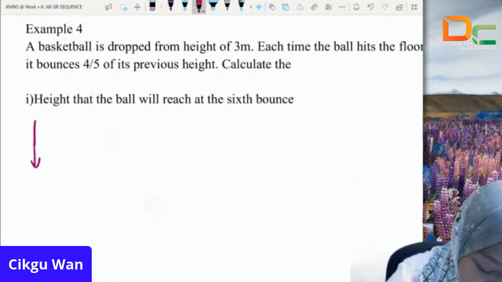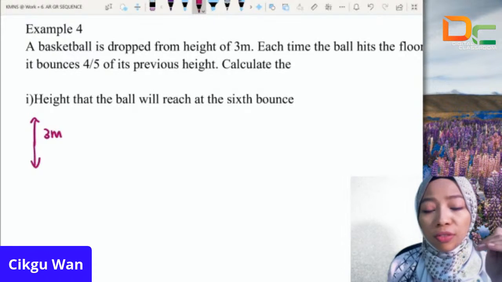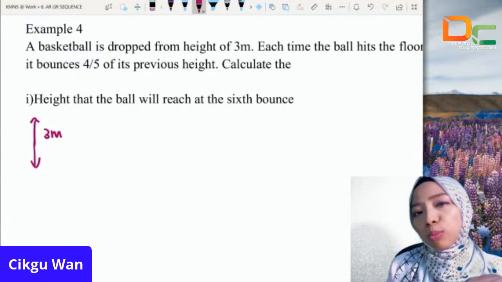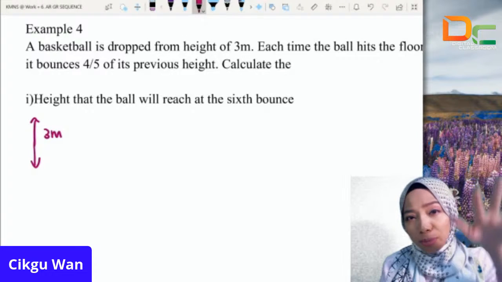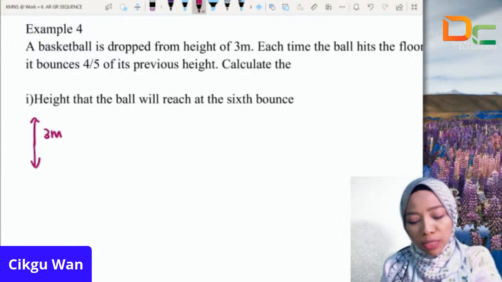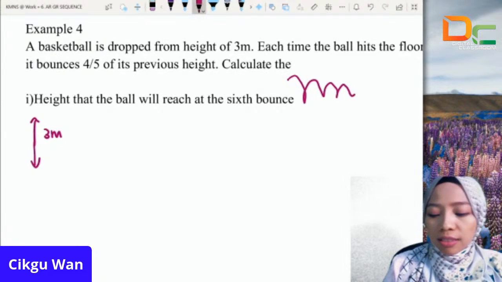Okay, so ini 3 meter. Each time the ball hits the floor, it bounces 4/5 of its previous height. Betul tak? Biasalah lumrah bola kan, dia mesti makin lama makin apa? Daripada tinggi, mestilah makin lama makin menurun macam tu kan? Okay, ada ke bola makin lama makin tinggi?